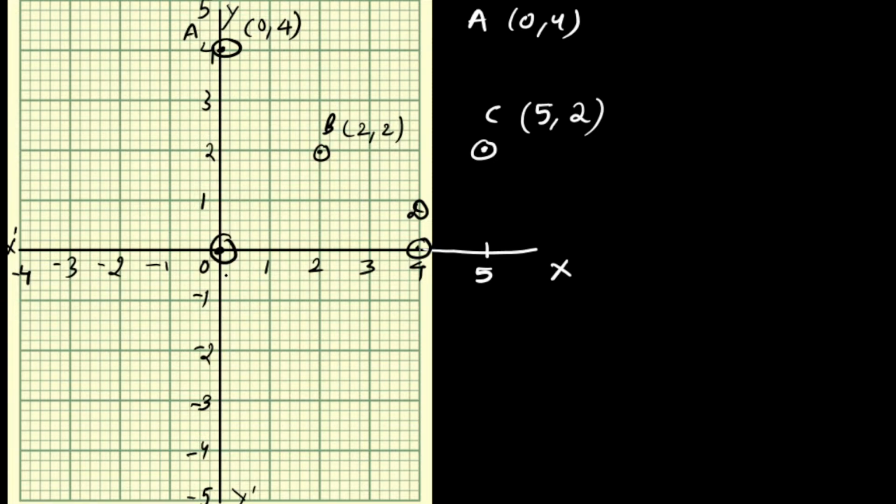So here I have marked the origin. As I am marking points, I am writing the points as well as the alphabets given to us: A, B, C, D, E. I have marked all the points.